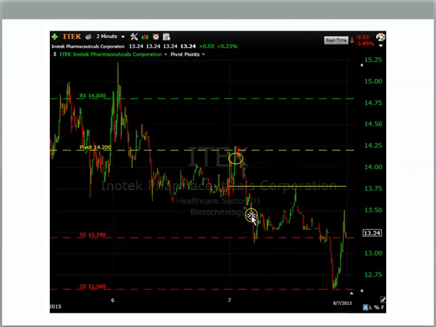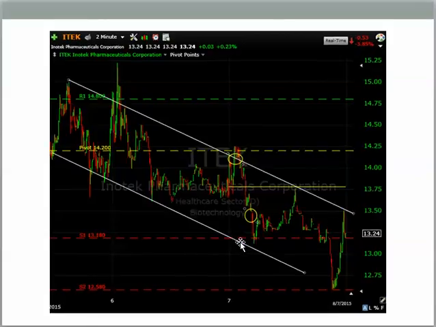And down in here, there's really no area of support. It bounced a little bit, but there was no real area of support at that price entry of 1350. If you were going to double down, the logical place to do it would be at a known line of support, such as the S1 line we see there. In that situation, that trade may have had a better opportunity working out.